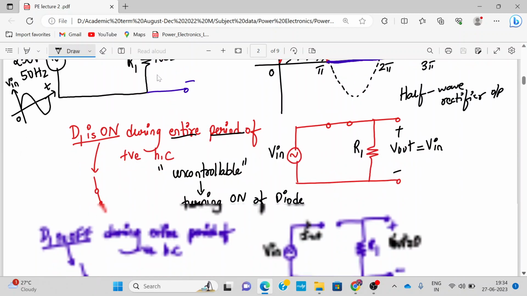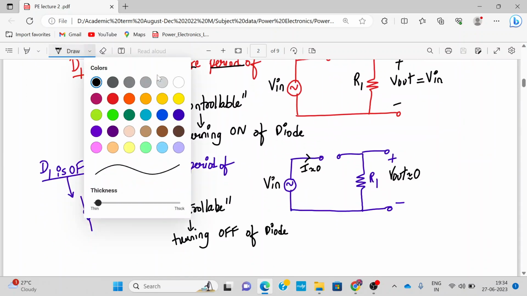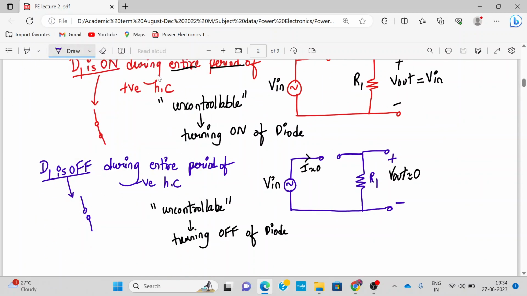Because when it is on, it behaves as a closed switch, so the switch is fully on, and when the diode is off, the switch is open, so we can say the switch is off. Therefore, the power diode can behave as an uncontrolled switch.